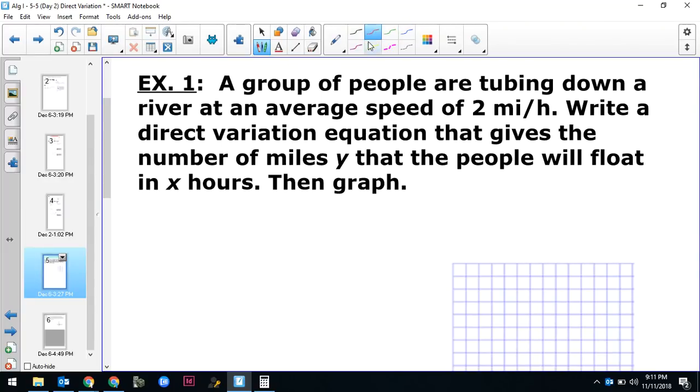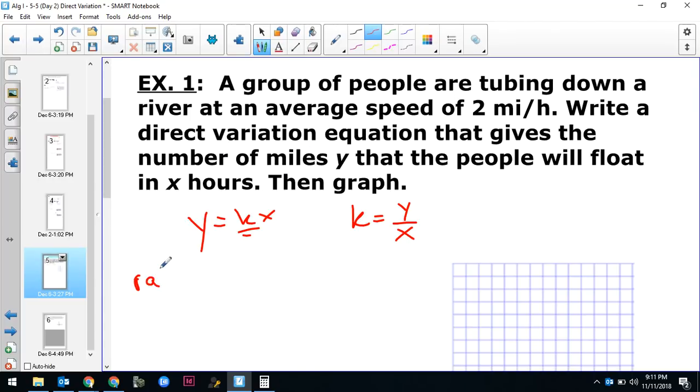Okay, so what I'm looking at here, I think I mentioned it to you guys on Friday or Thursday, is that because my equation is y is equal to k times x, that k value ends up being my slope because k, again, is y divided by x. Change in y divided by change in x, that is my k value. Now, if I'm thinking about these people tubing down the river, the average speed is their average rate of change.